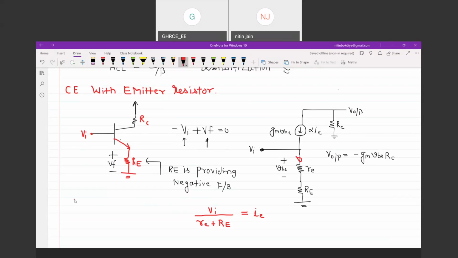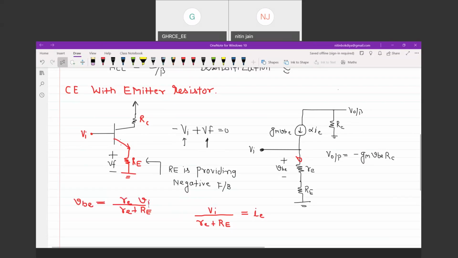So you can say VBE is equivalent to re divided by re plus RE into Vi.